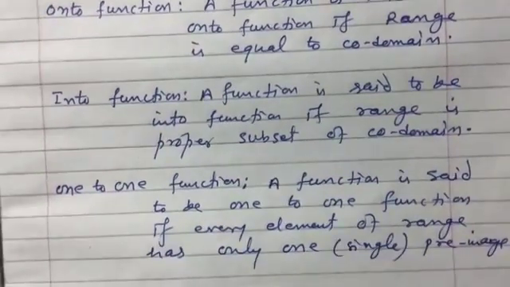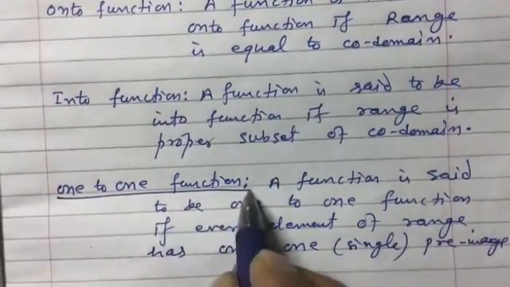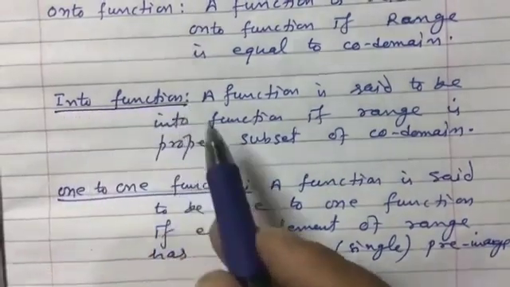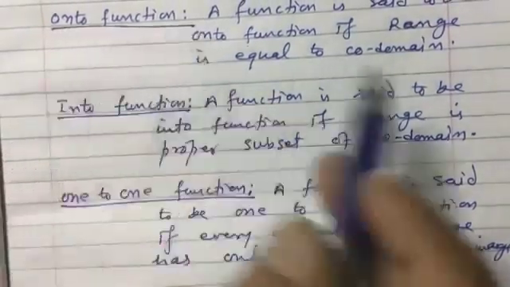Then it's called one-to-one function. So we get one-to-one function also like this. Into function, onto function, and one-to-one function we have defined.